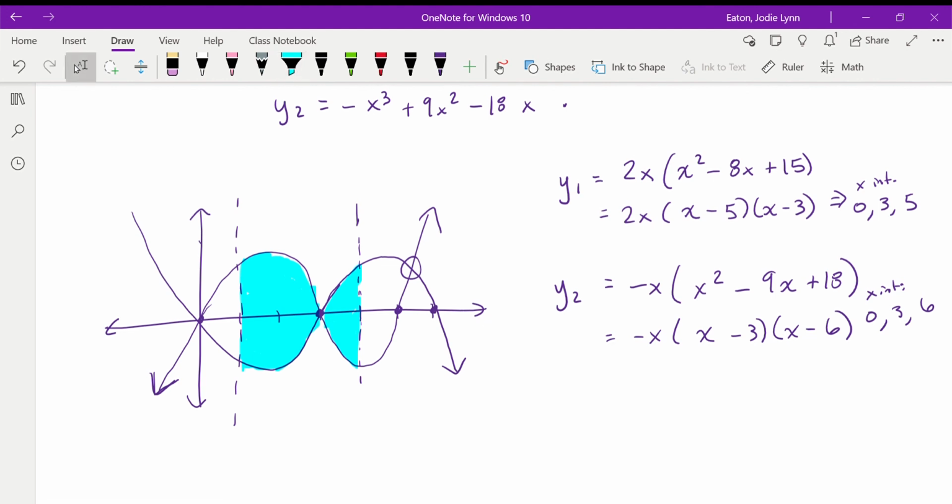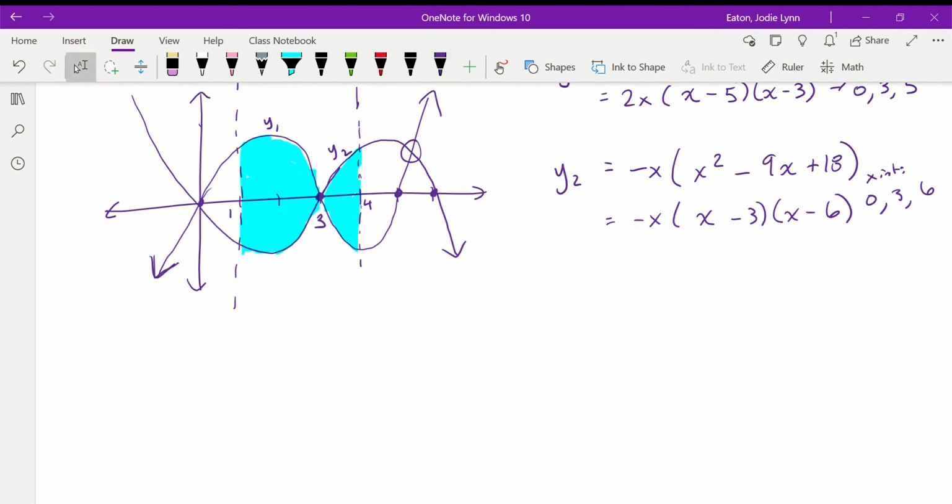So for the first bit, this is 3, and this is 1, and this is 4. So we're going to do one integral from 1 to 3, where y1 is on top, and then from 3 to 4, y2 is the function that's on top.